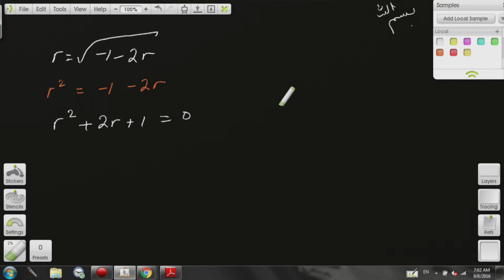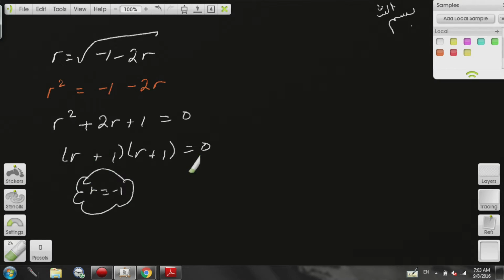Can I factor this? r and r, 1 and 1, the signs are the same. Then I get r equals negative 1, the same solution from both factors. If you divide this by 2, you get the same solutions. So r equals negative 1. Then we go to check.